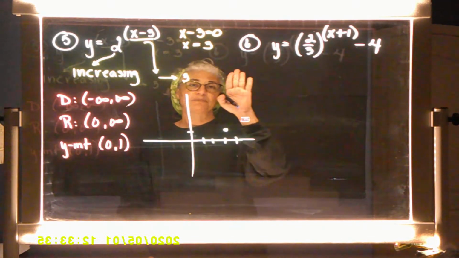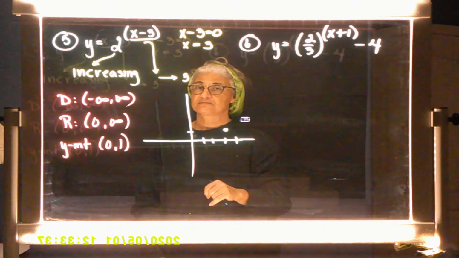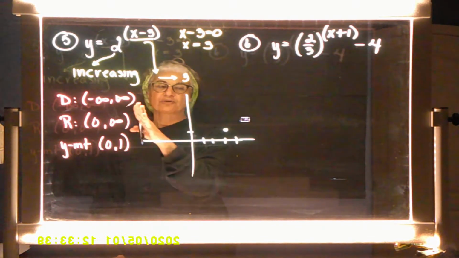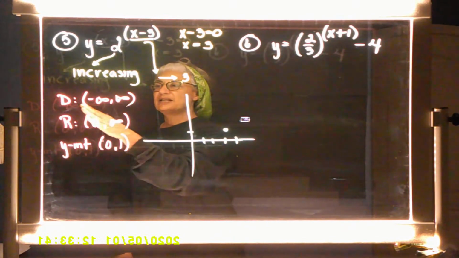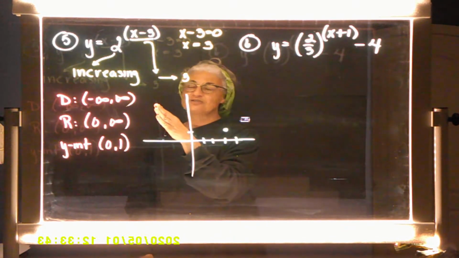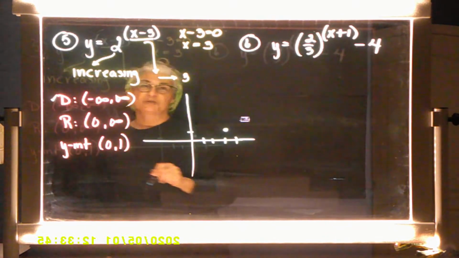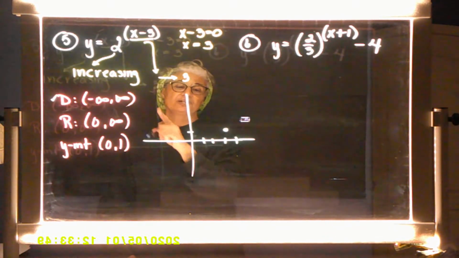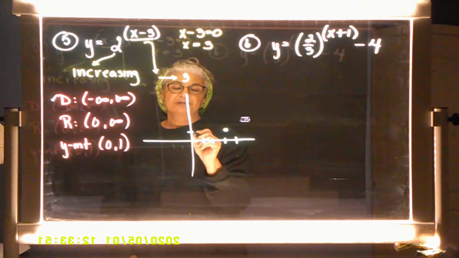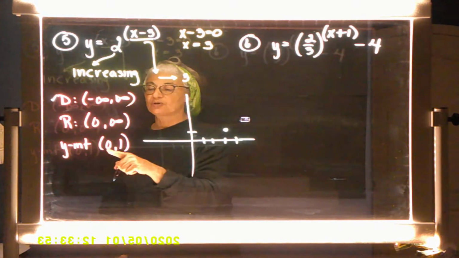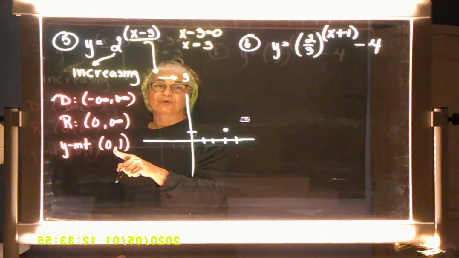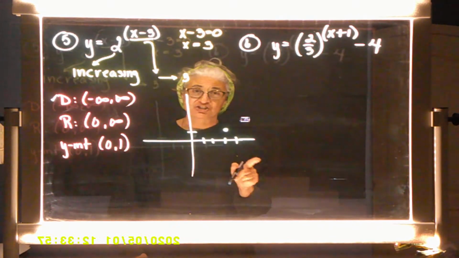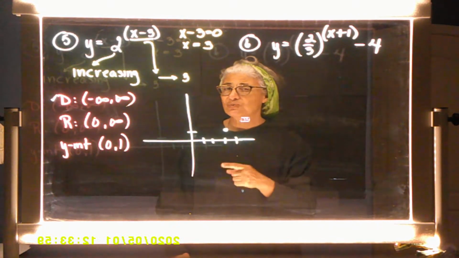It didn't shift up, it didn't shift down. So even though my graph is shifting to the right, is the domain going to change? No, the domain is going to stay the same. This graph will be an increasing graph, but instead of crossing here at (0, 1), my y-intercept has shifted, and it's no longer a y-intercept.